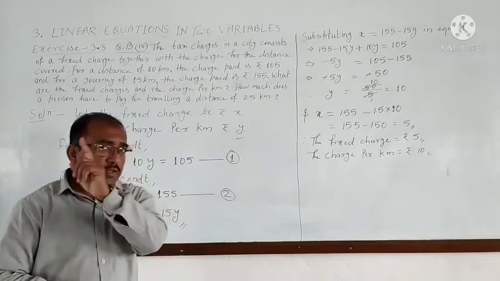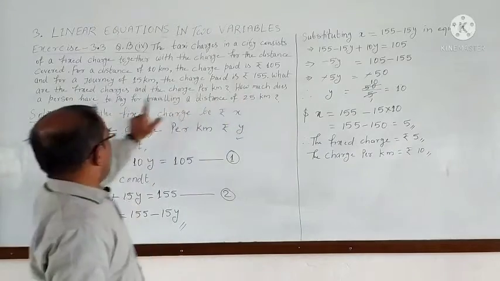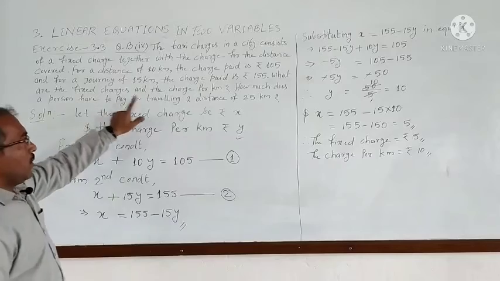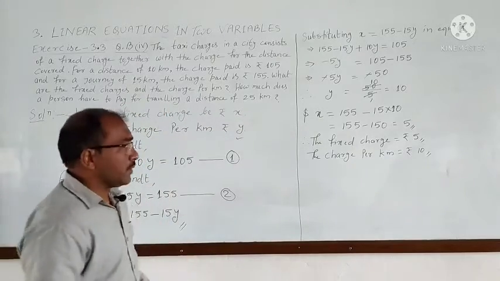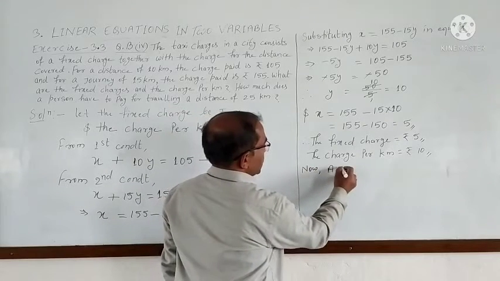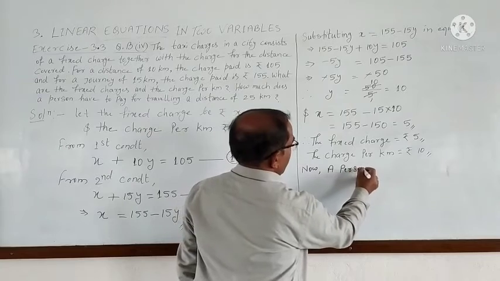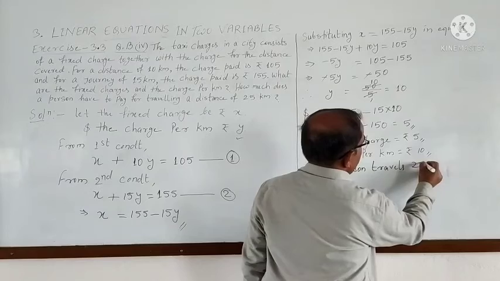But there is something more to do. What is that? How much does a person have to pay for traveling a distance of 25 kilometers? So a person is traveling 25 kilometers. Now we are calculating for that. A person travels 25 kilometers.